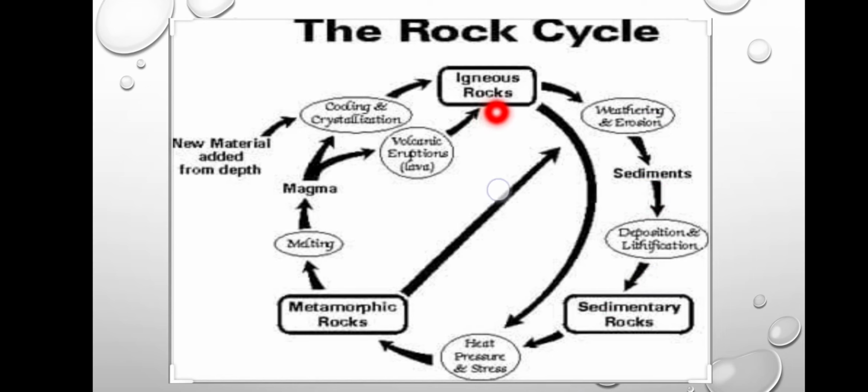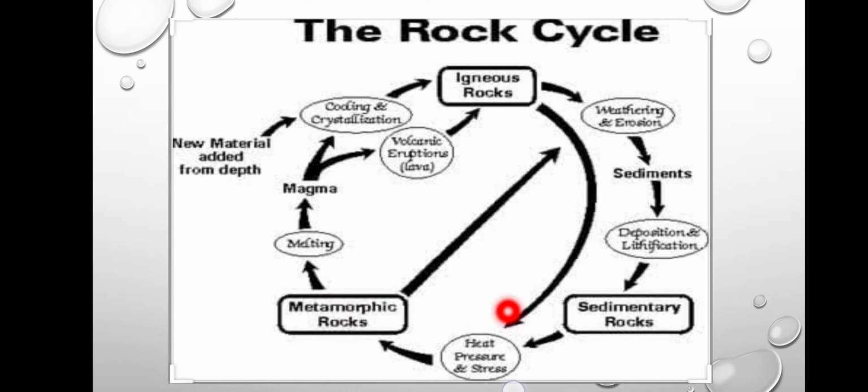Igneous rock also can break down into sediment and be converted into sedimentary rocks. Now these igneous rocks under heat and pressure can also change into metamorphic rock, like sedimentary rock under heat and pressure changes into metamorphic rock.